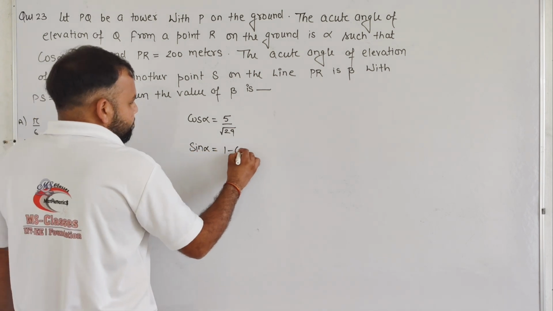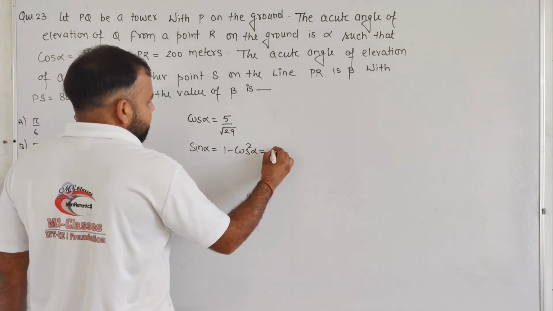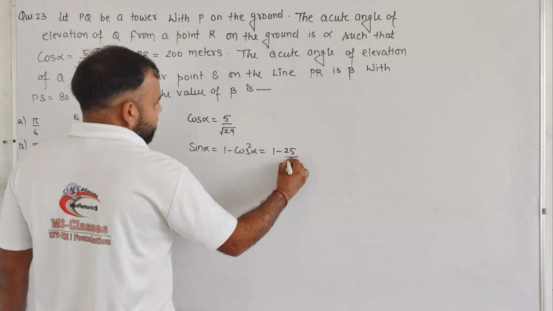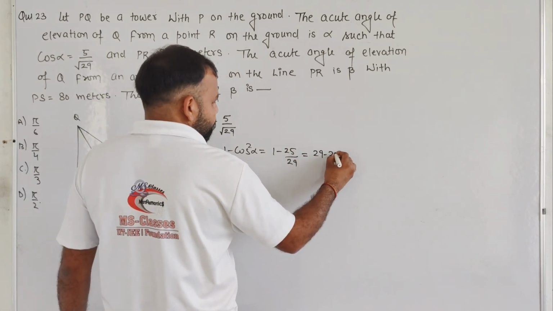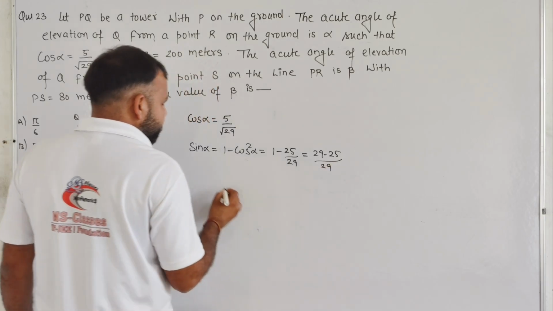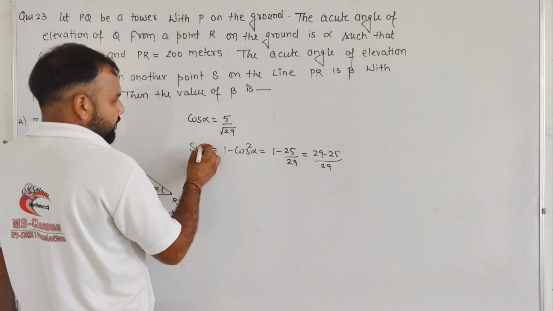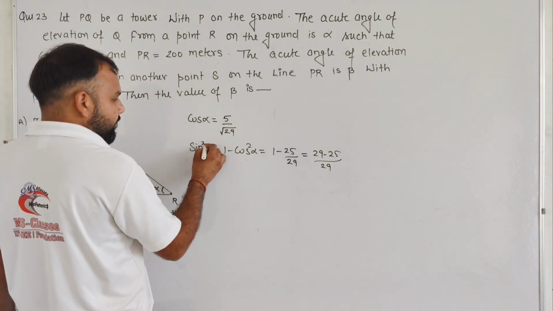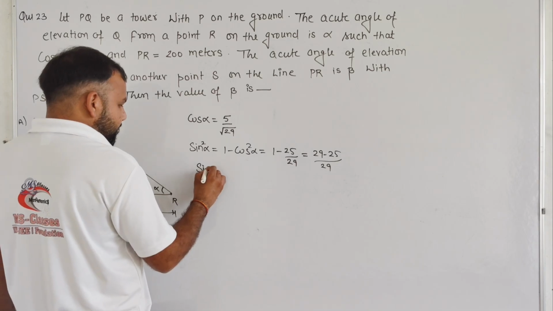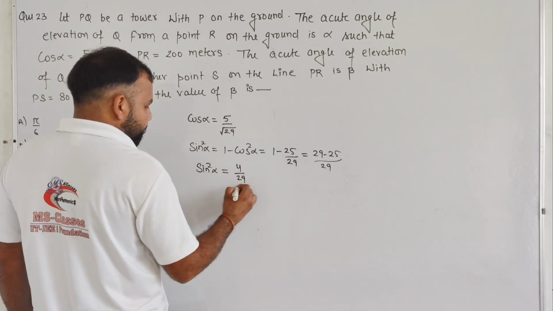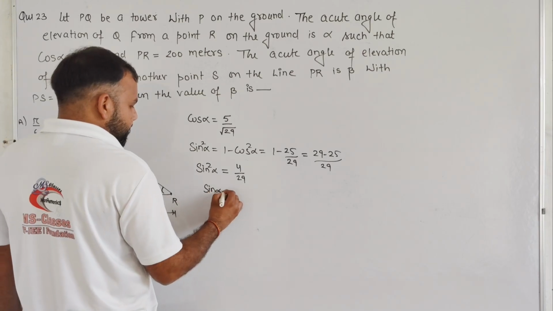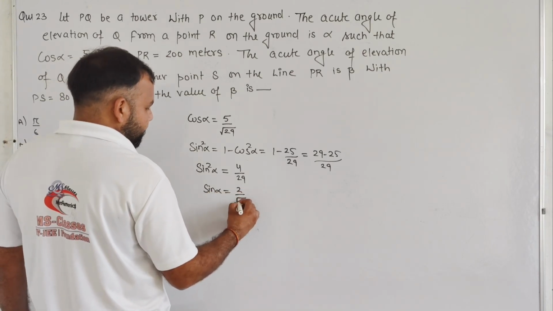So sin square alpha is 1 minus cos square alpha, which can be written as 1 minus 25 divided by 29. After taking LCM, you get 29 minus 25 divided by 29. This is the value of sin square alpha, which becomes 4 by 29, and after taking the square root, sin alpha is 2 by square root 29.